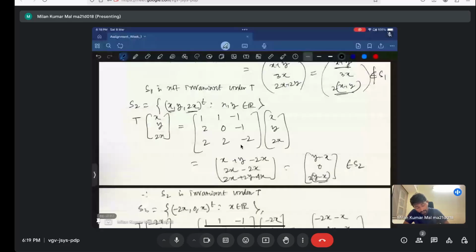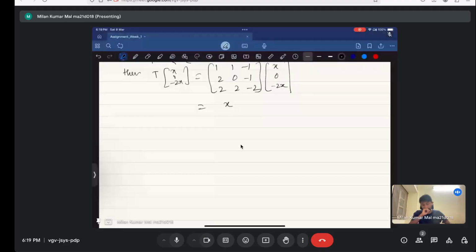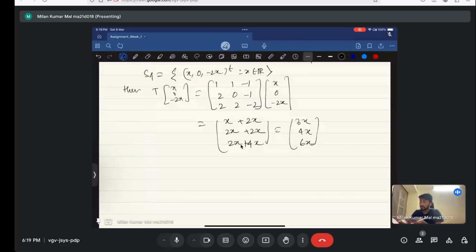So therefore we will get x plus 2x, x plus 2x, 2x plus 4x, so this will be 3x, 4x, 6x. So here the second term should be minus 2 times the first term, but that is not the case, so therefore this is also not true.